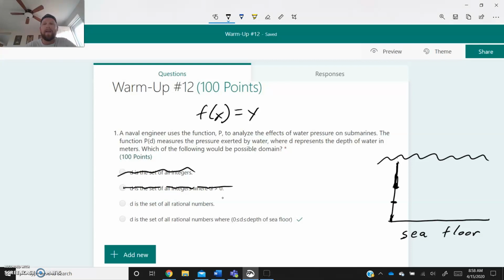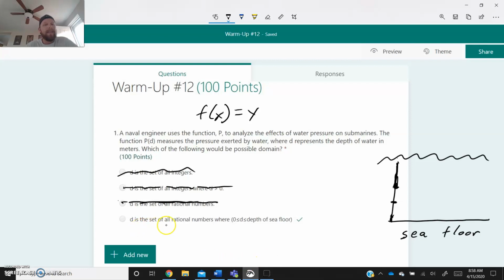We're dealing with starting here at the ocean, and going to the sea floor. This is all we care about. We don't care about up here in the sky. We don't care about drilling into the earth down there. It says D is the set of all rational numbers. Once again, it needs to be between these two parts. That will not work.